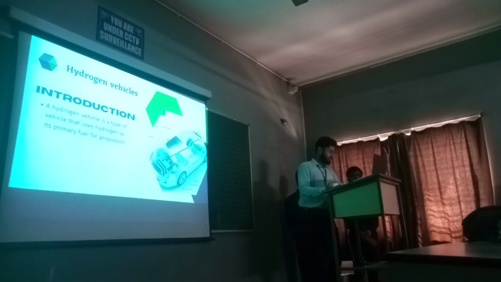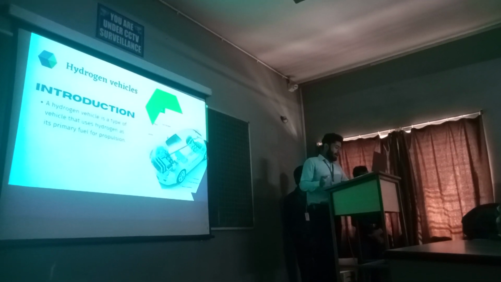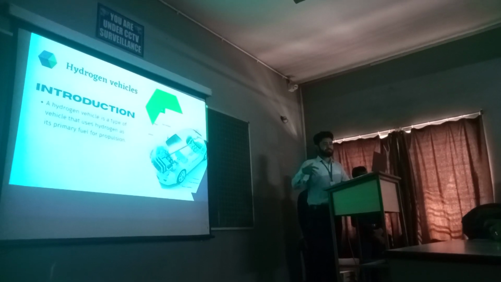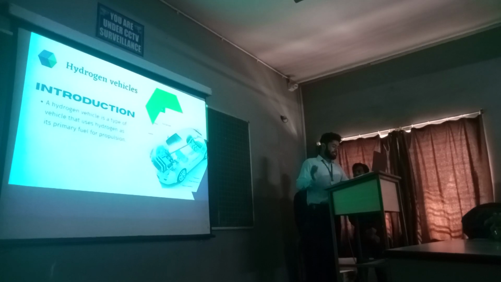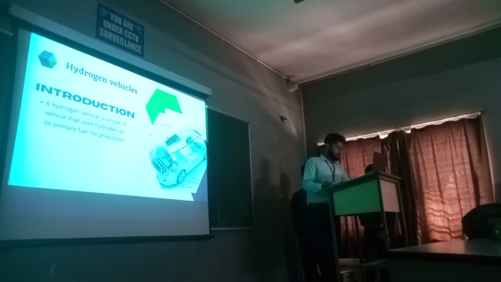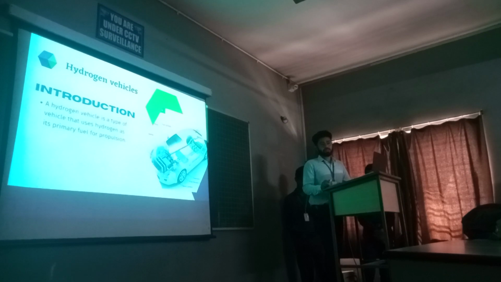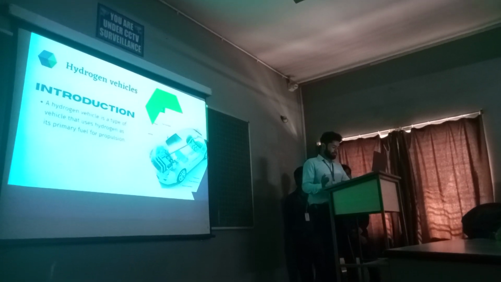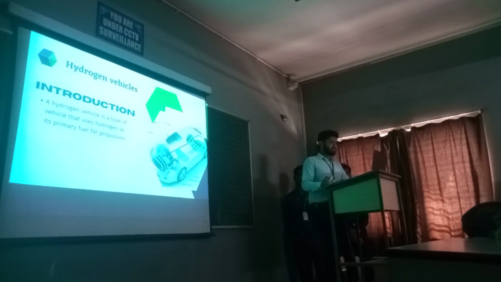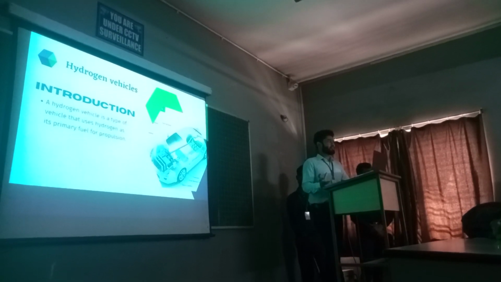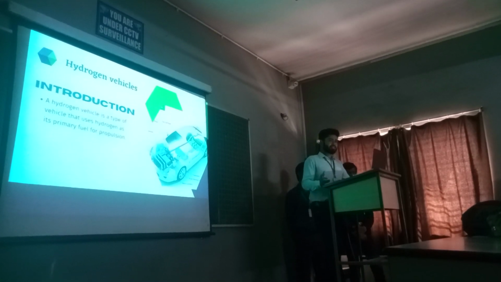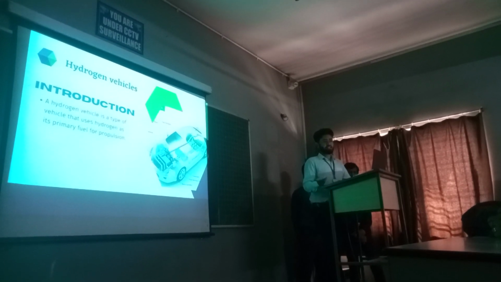Hydrogen vehicle. A hydrogen vehicle is a type of vehicle that uses hydrogen as its primary fuel for propulsion. It is stored at very high pressure in the hydrogen pressure tanks, and generally we can also use it at low temperature in the pressure tanks.